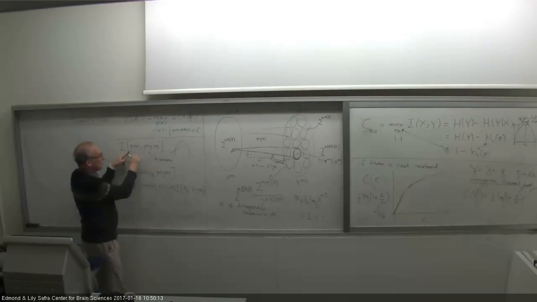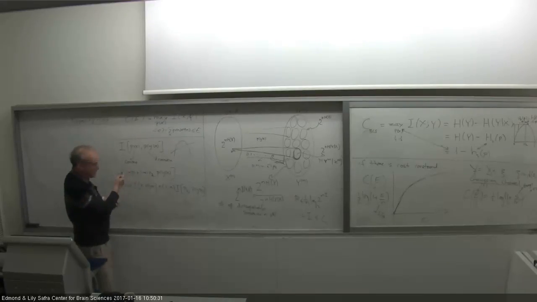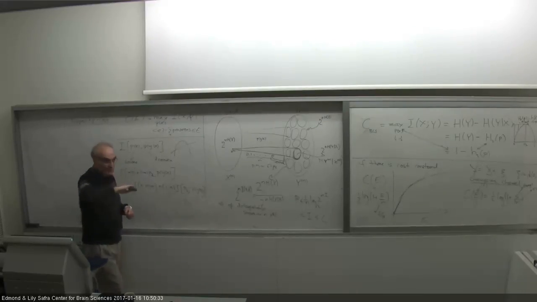So there are two different functions here. One is the prior over x. The other one is the channel. The channel is fixed for this problem. What I'm saying is that this particular function, as a function of this only, obeys this inequality. Which means it's concave. It's above the strings.